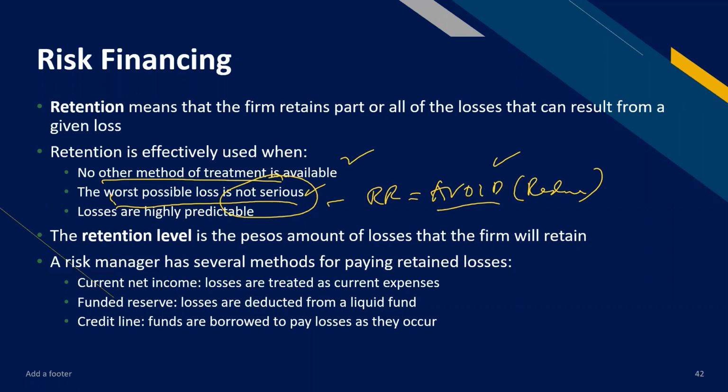Okay? And the losses are highly predictable. No? So a risk manager can pay for those losses using current income, using fund reserves, or a credit line. Basically, funding sources, spontaneous funding sources.